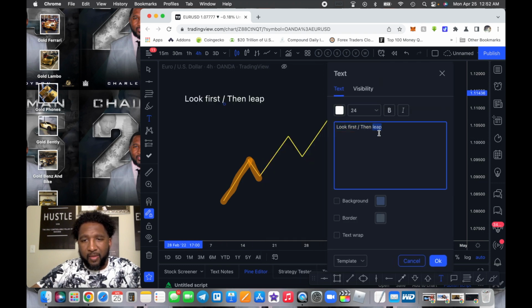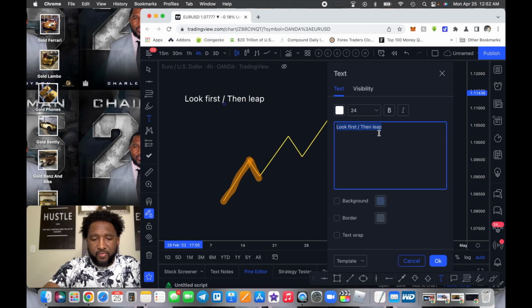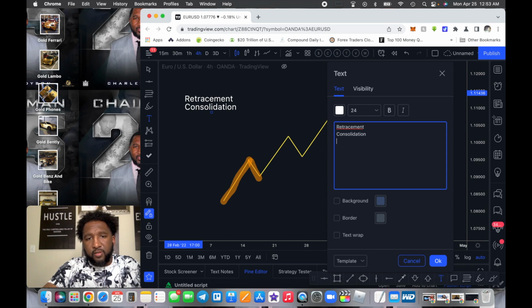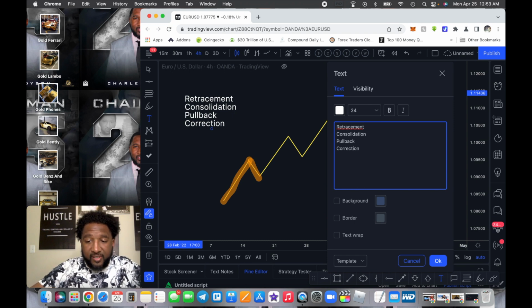All right. First part, or that second part of the trade is called a retracement. It also can be called consolidation. It can also be called a pullback. And it also can be called a correction. There we go. There's four terms that mean the same exact thing.